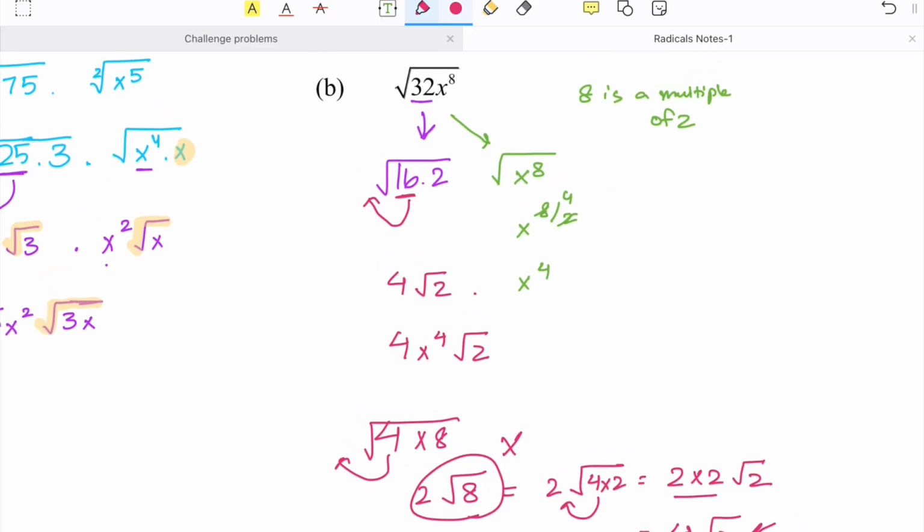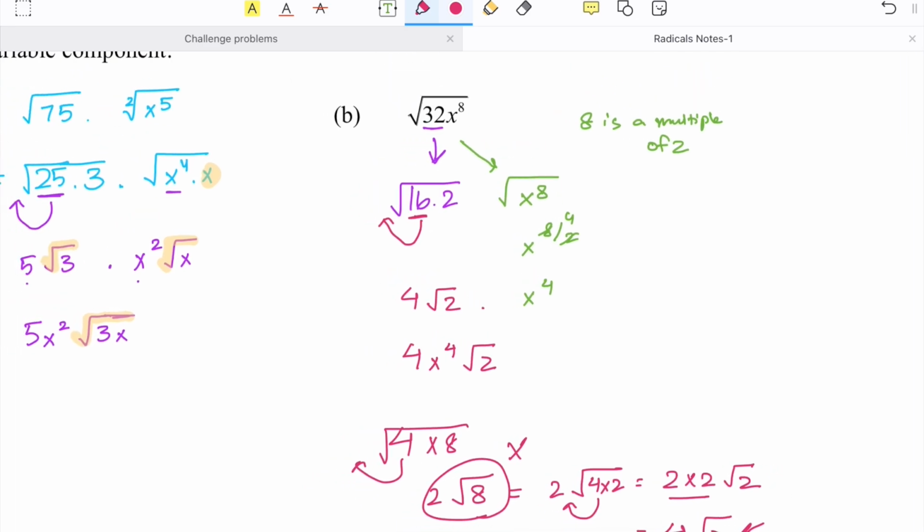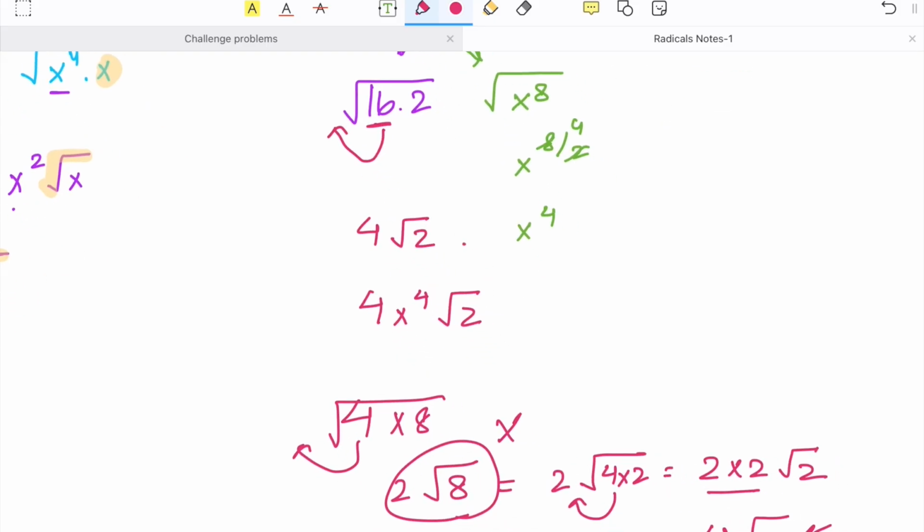How come you can't have 4 root 2x to the 8? It's just better that way because you don't have a radical on there. The numbers are split, but it's fine if it's the other way too.